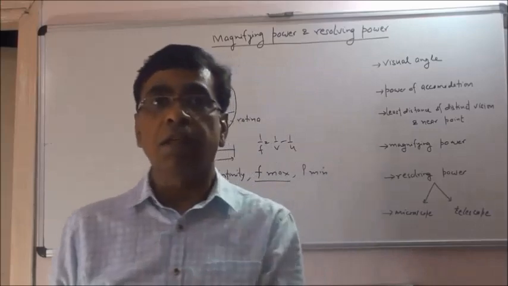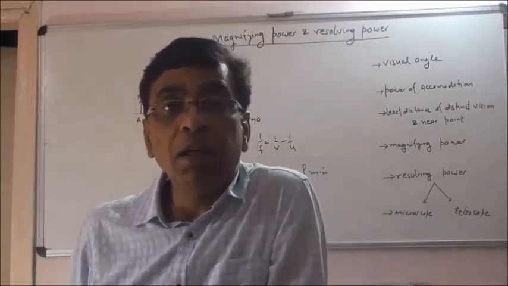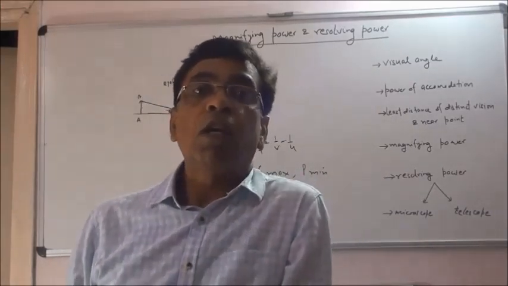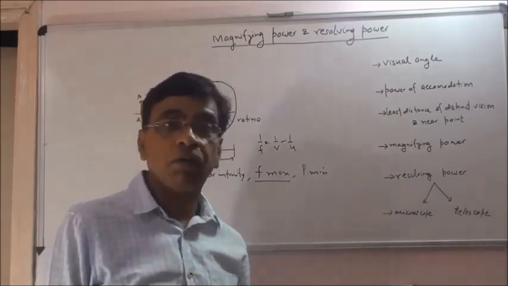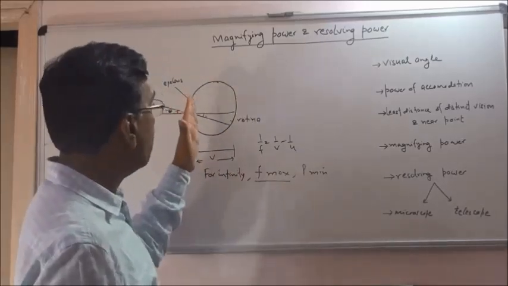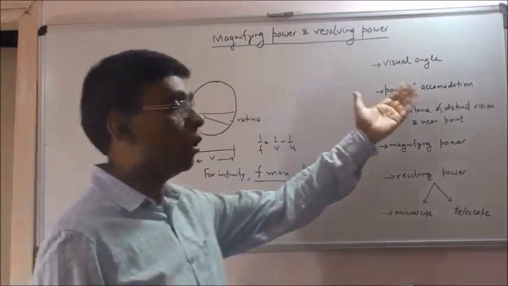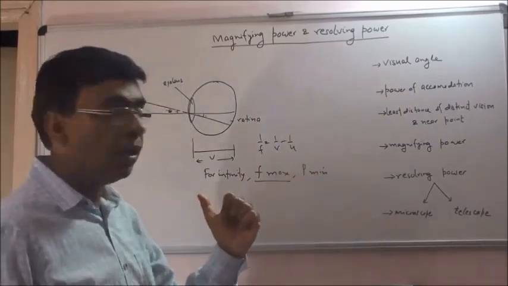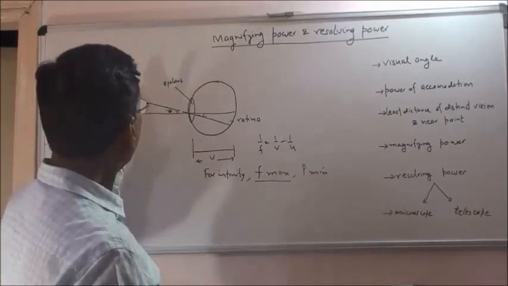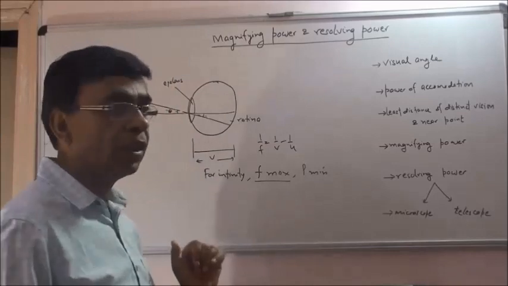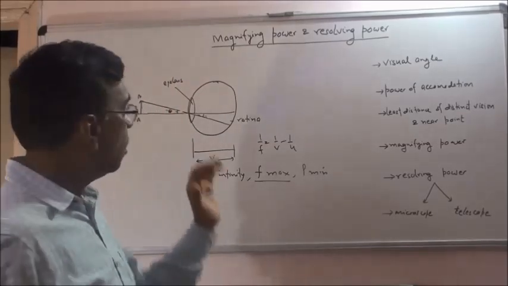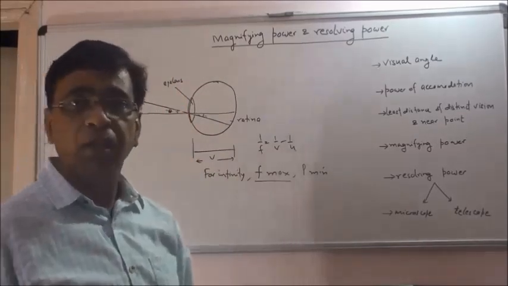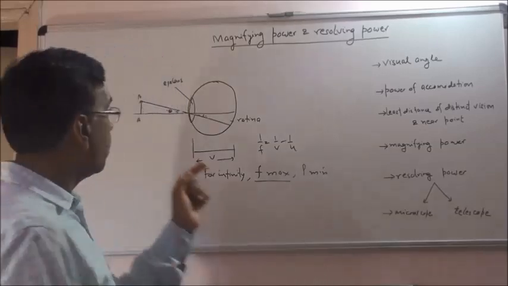Eye has this ability to change the focal length or the power of the eye lens. So this ability of eye, we call it power of accommodation. But it doesn't mean that no matter how close the object is brought, the eye will be able to see it clearly. There is a limit to it.